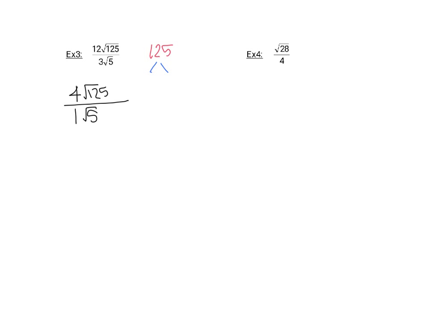So 125, well, that's 25 times 5, and 25 breaks down to 5 times 5. So squiggle you out, have a pair of 5s, and an extra 5 left over, which means I have 4. That's where I'm getting the 4 from. Can't forget about it. Times.